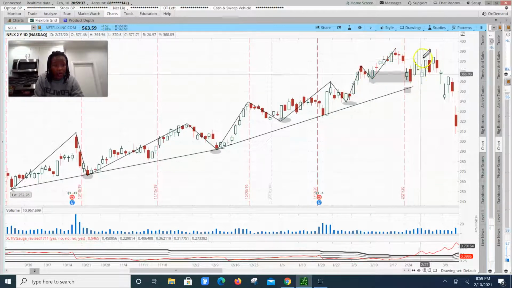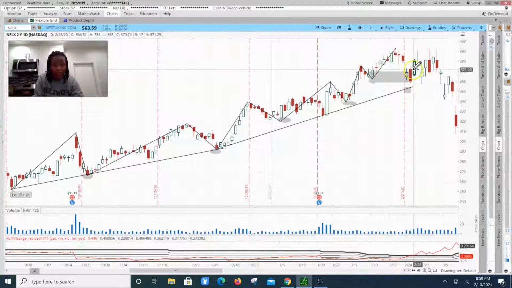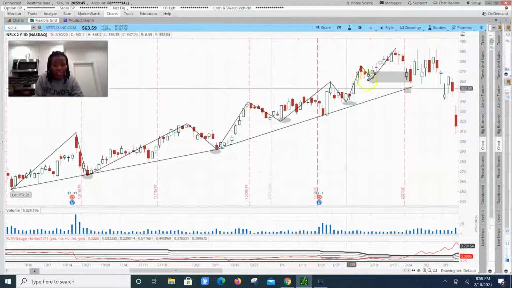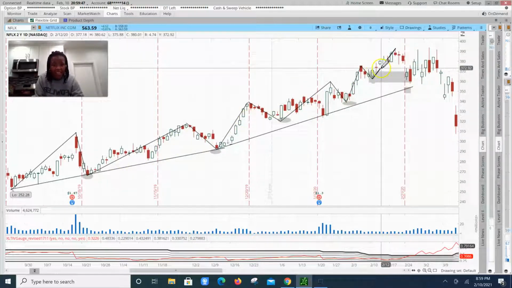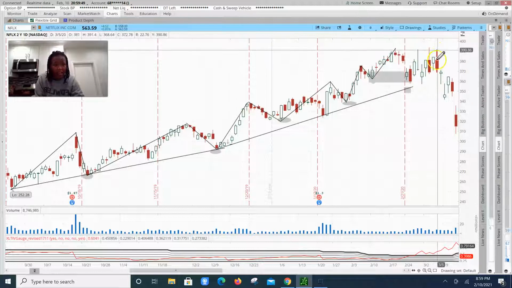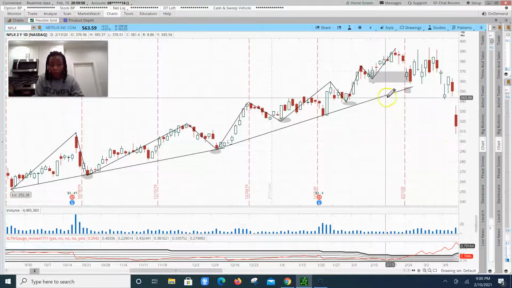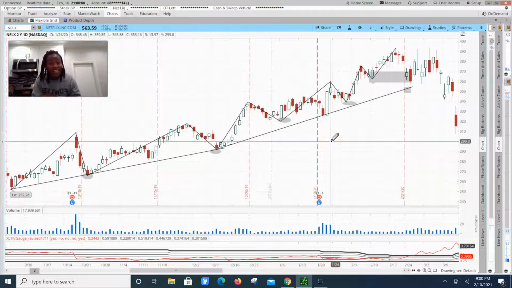It was going wild up here like something crazy was about to happen. These real big long candles. You have not seen this in Netflix until it got right here. And what did the market do? It opened up and floodgated all the way down here, broke. I don't care what trend line you use, it broke that trend line.